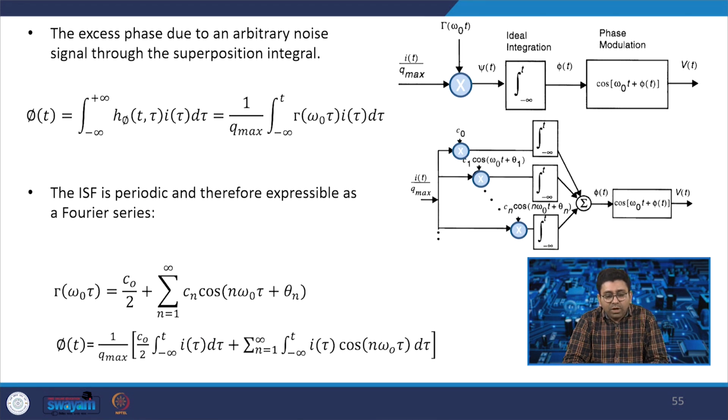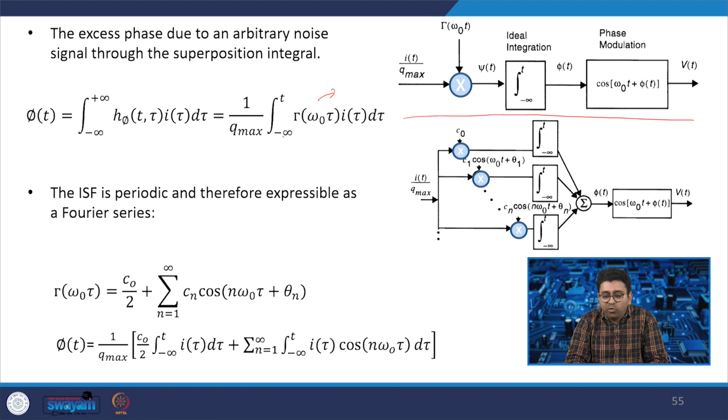Now, we will try to see how this will be converted in terms of the phase change. So, when we try to find the excess phase due to an arbitrary noise signal through the superposition integral, this is a flow chart or block diagram of the same equation that is written here.